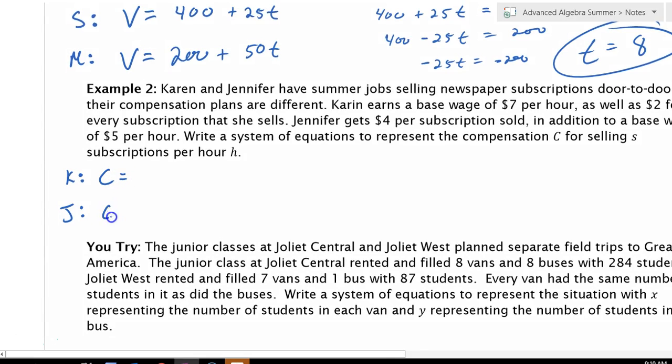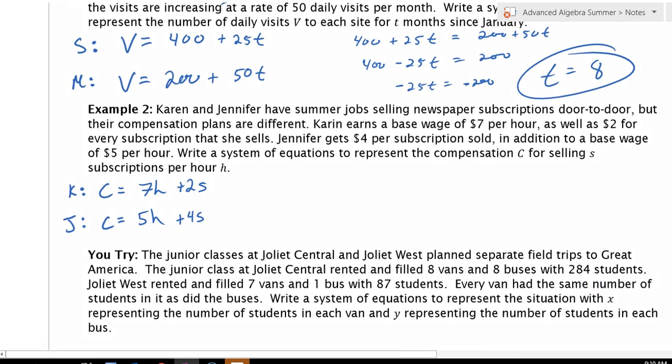So we're going to start with C equals something. For Karen, we said 7 per hour. H is our hours, so that would be 7H. Well, notice the word per here is used twice in each scenario. And then it says she gets 2 for every subscription S, so plus 2S. Jennifer gets 4 per subscription, so let's go ahead and line them up. We get 4S, and 5 per hour H.